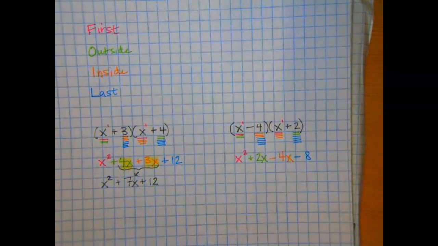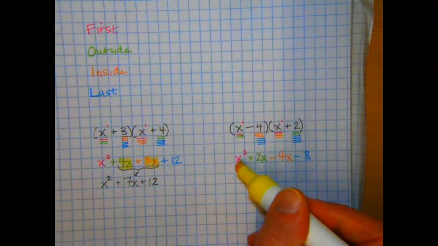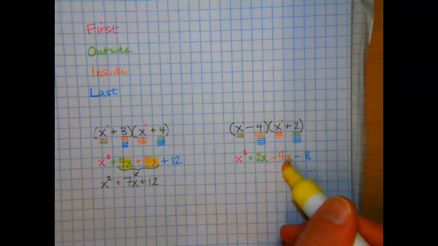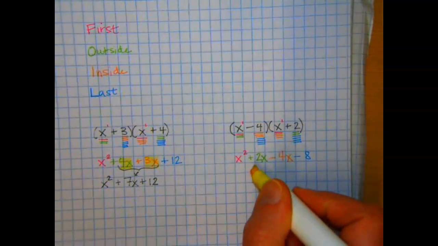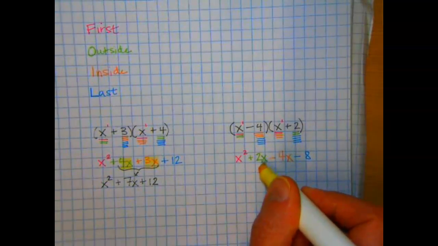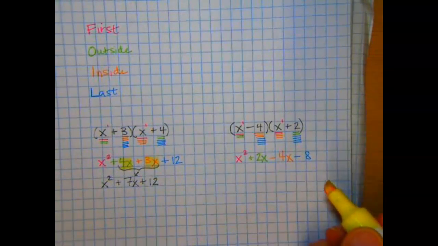Once again, we want to look at combining like terms. Looking at the x squared, there's no other x squared, so I can't combine that with anything. Going to our next term, we have a 2x. We can combine that 2x with the negative 4x.